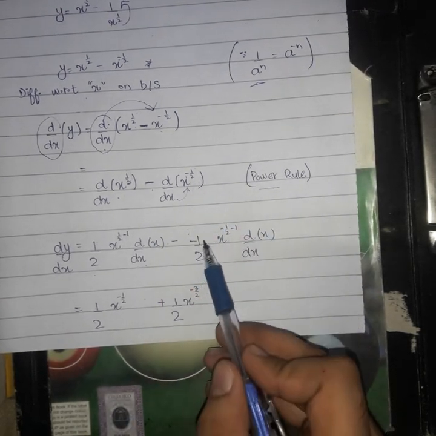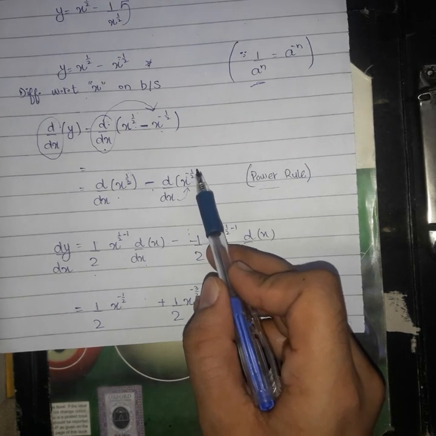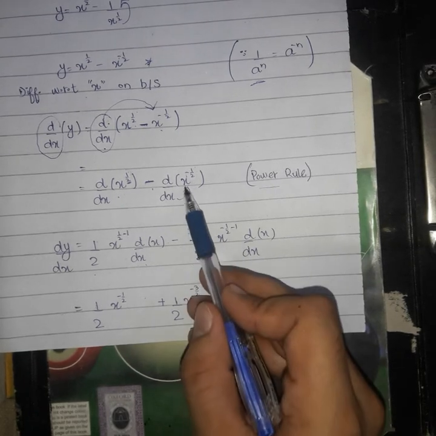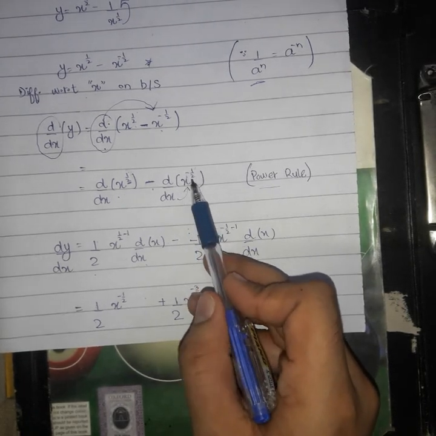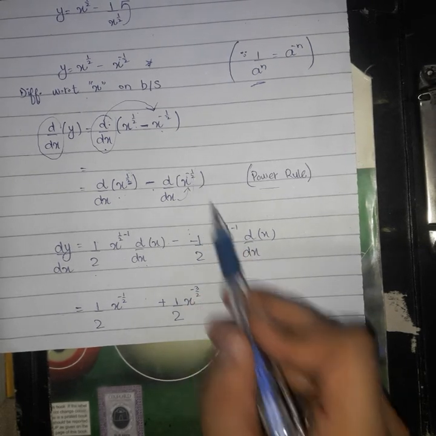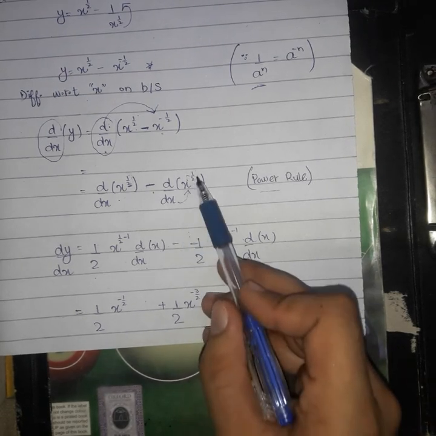This negative power I write in the start because I apply here power rule. The power rule is whole power is written in the start and x to the power negative 1 over 2 as it is, and decrease 1 from this function in the power into extra d by dx of function without any power.